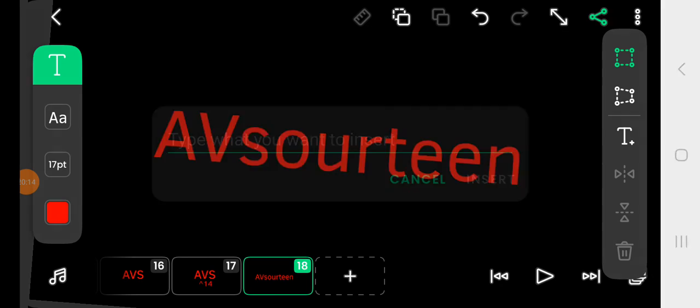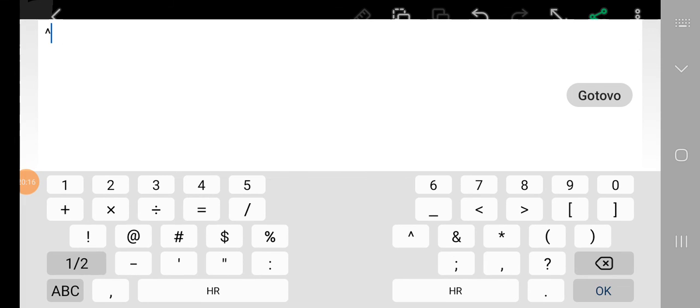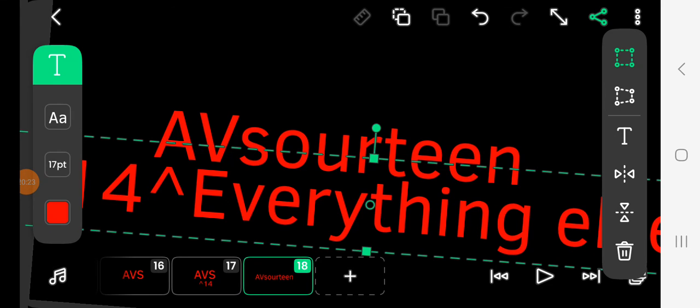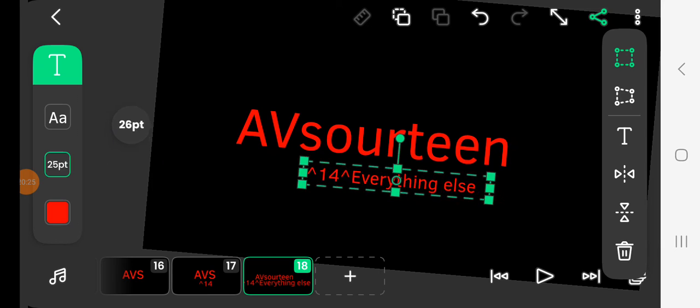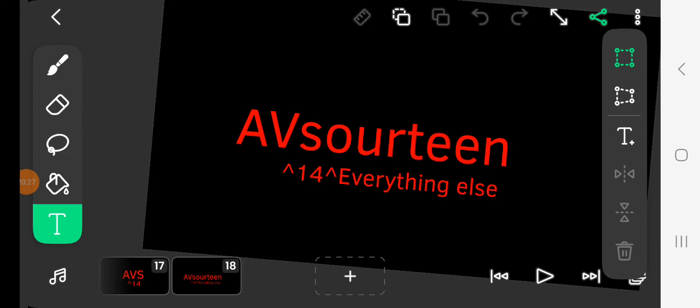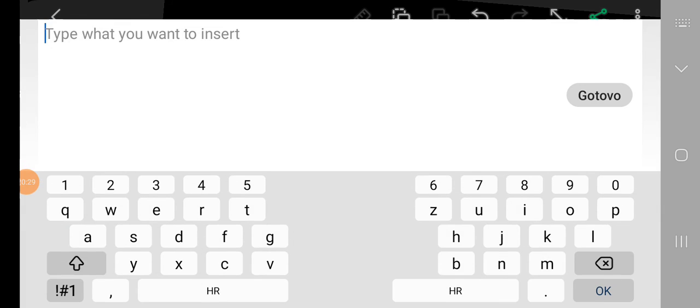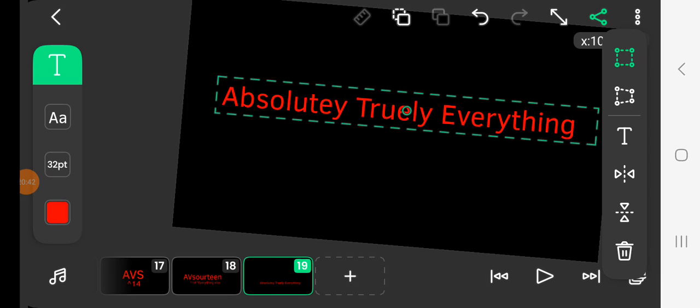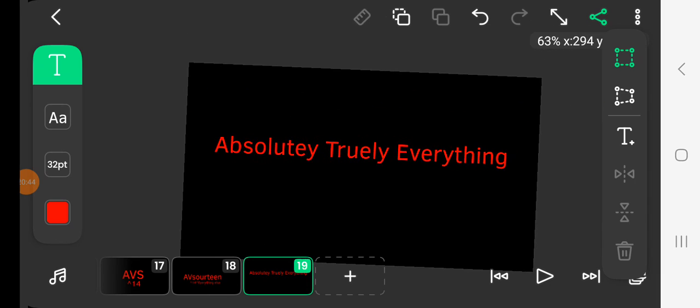And this number to the power of 14 to the power of everything else shall give us absolutely true everything. Truly everything. Yes, this is our final answer to this question.